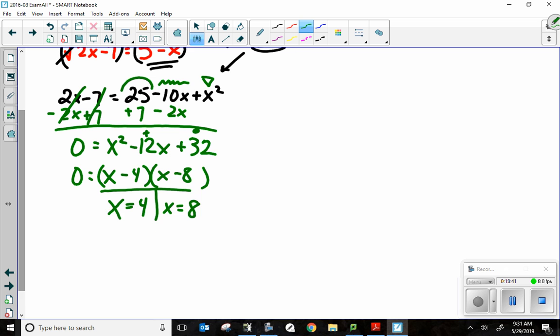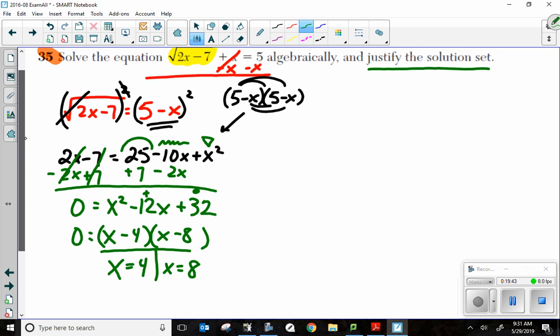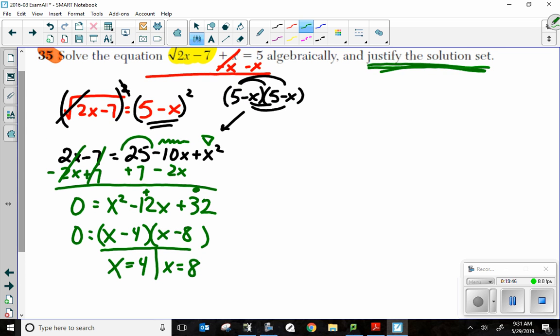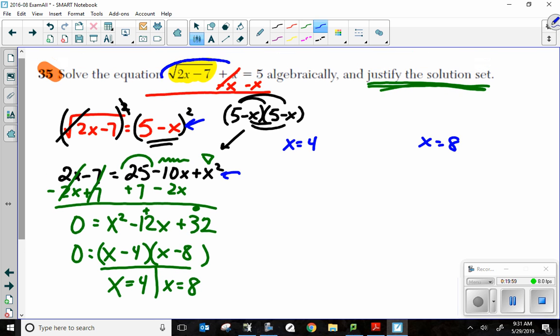Now, they want me to justify this solution set. That means I'm going to take x equals 4 and x equals 8, and I'm going to test it. I'm not going to test it here in red or here in black, I'm going to go to the original equation and test it, okay?